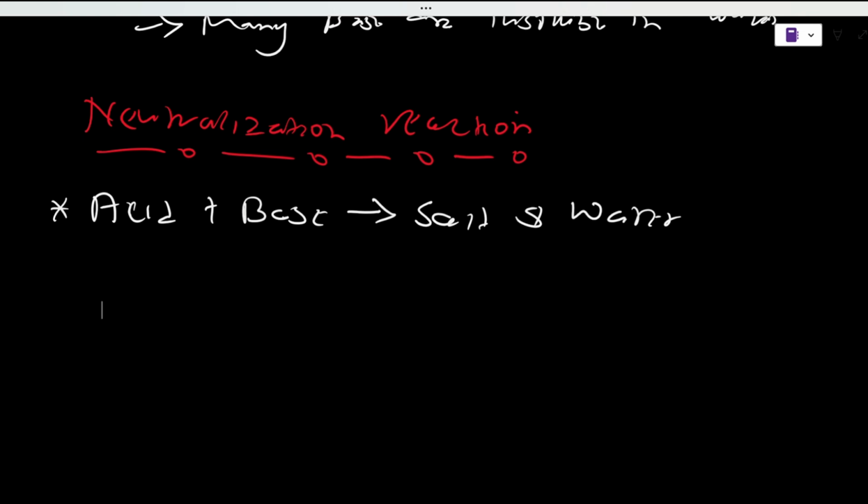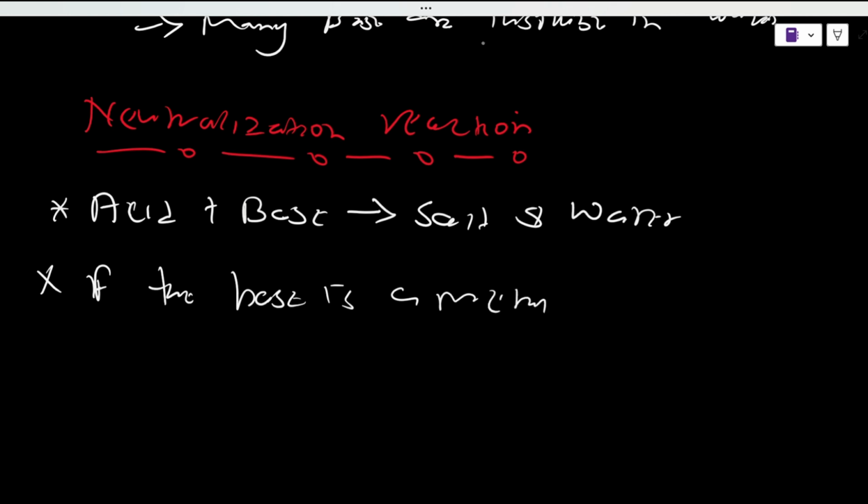If the base is a metal carbonate, then carbon dioxide will also be produced.